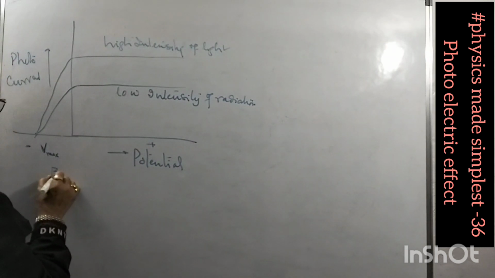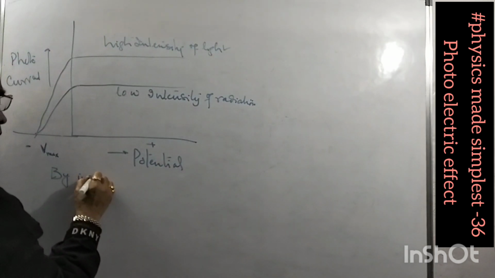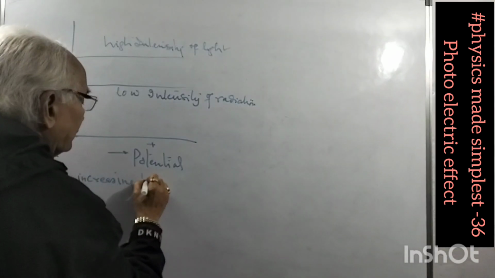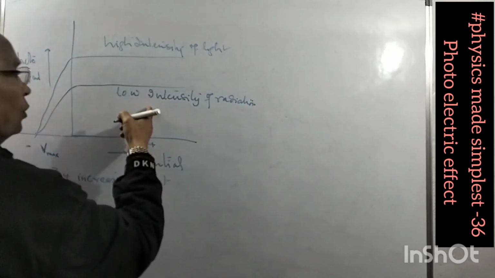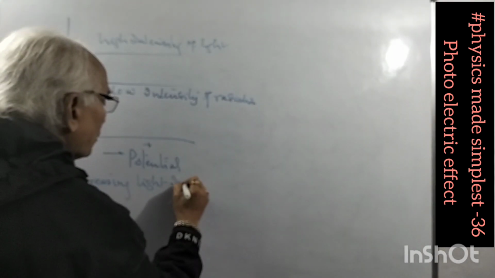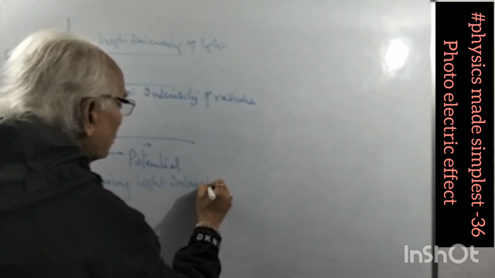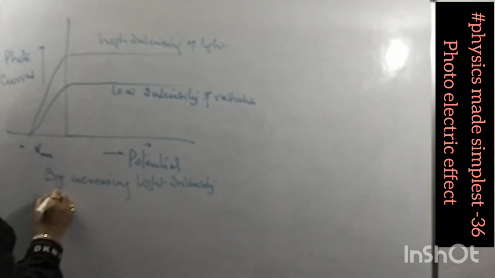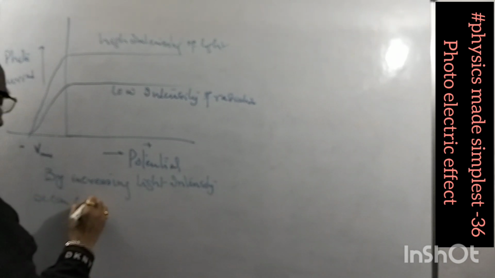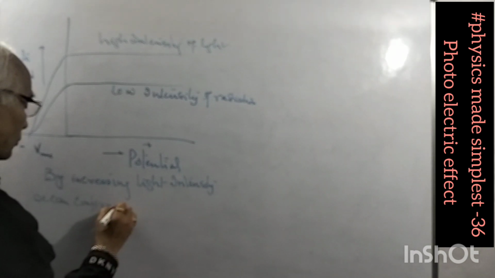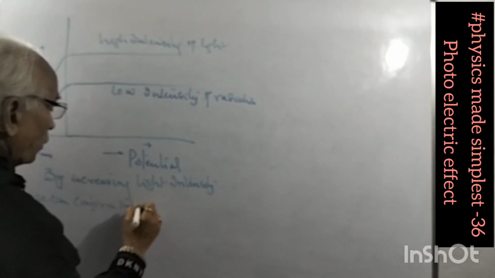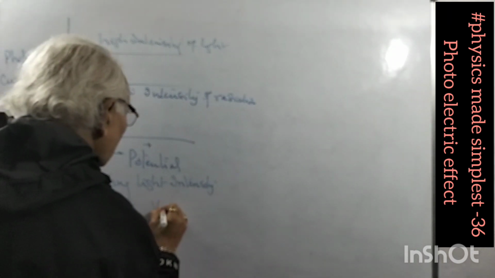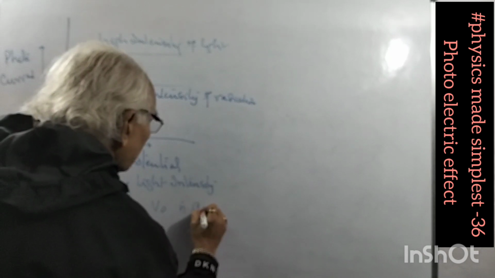So this you can confirm, by increasing light intensity more or less, we can confirm that V naught is constant.